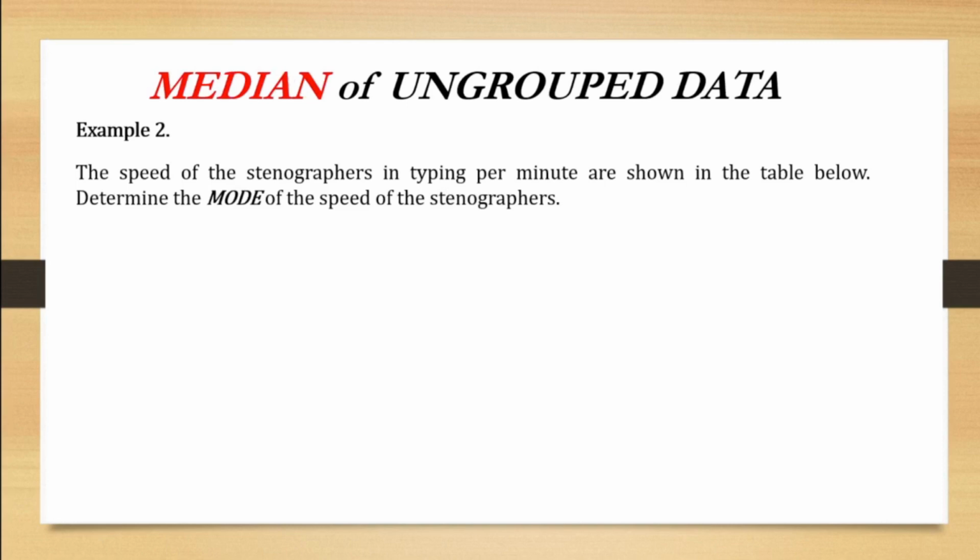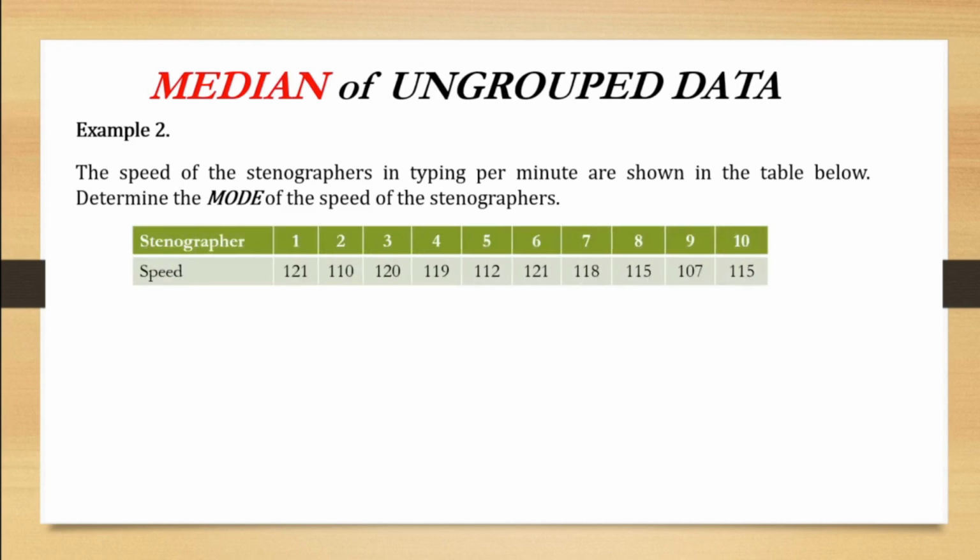Example number 2. The speeds of the stenographers in typing per minute are shown in the table below. Determine the mode of the speed of the stenographers. First step, arrange the dataset in ascending or descending order.